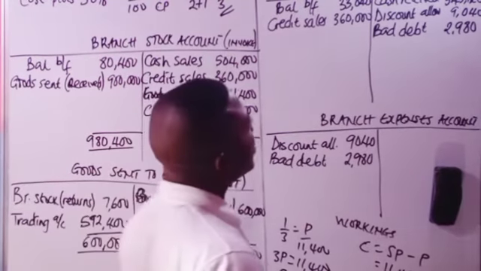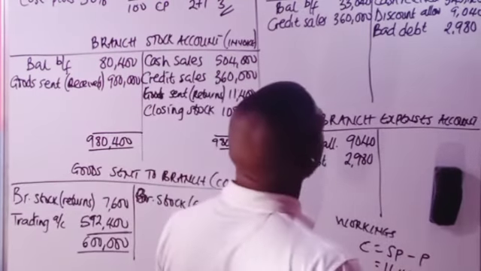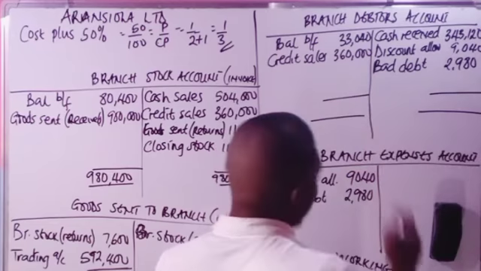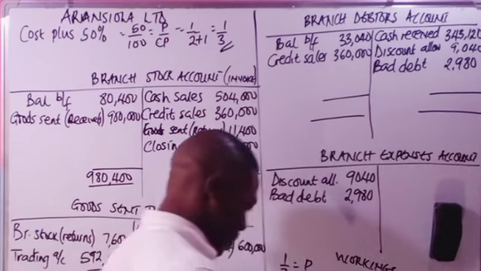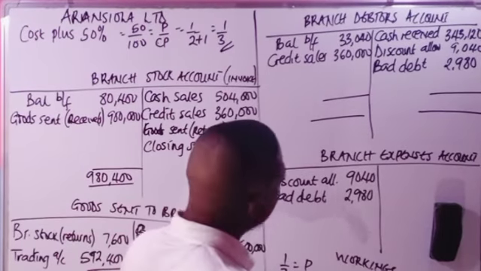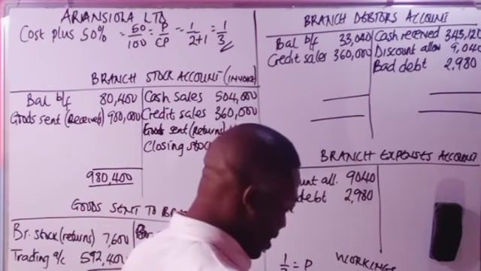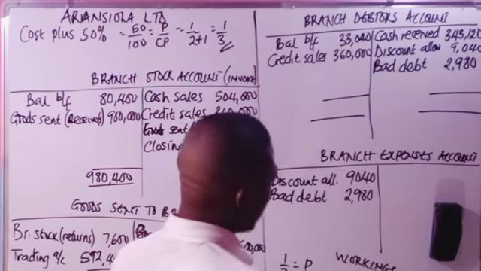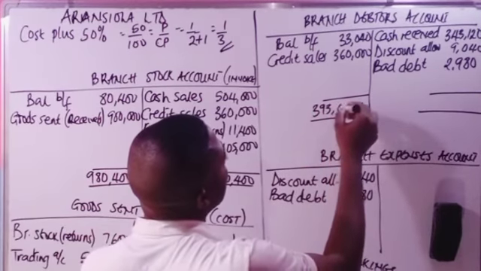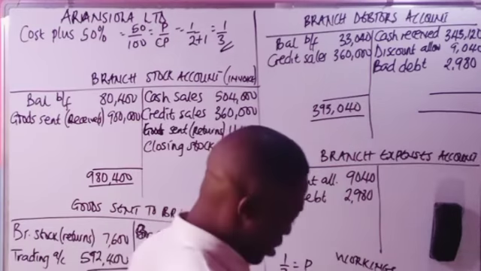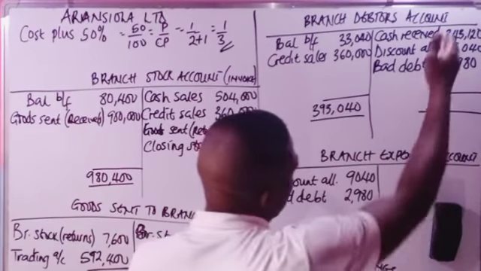The next one, the branch debtors account. If we add the debit side, 33,040 plus 360,000 gives us 393,040. We deduct from this.